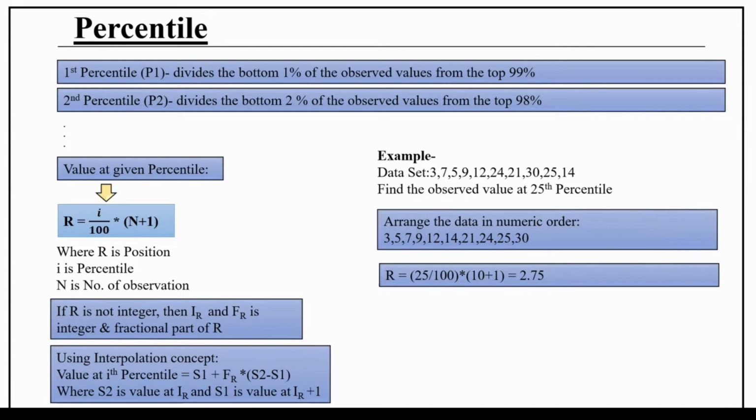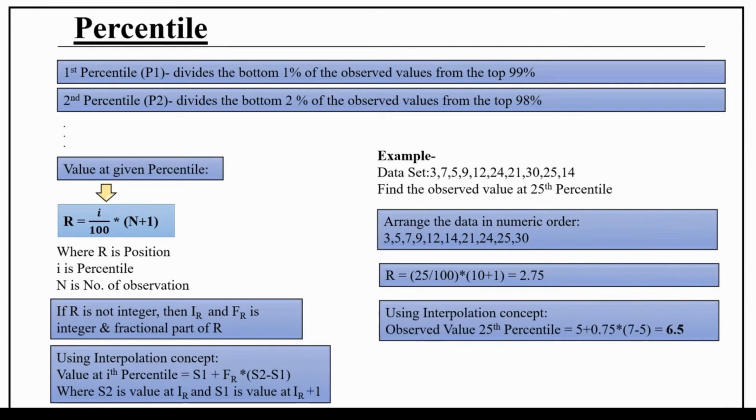The 2.75 is not an integer, and it is in between the values 5 and 7. So using the interpolation concept, here 5 is S1, 7 is S2, IR is 2 and FR is 0.75. So the observed value after calculation is 6.5. So let's go back to the dispersion PPT.